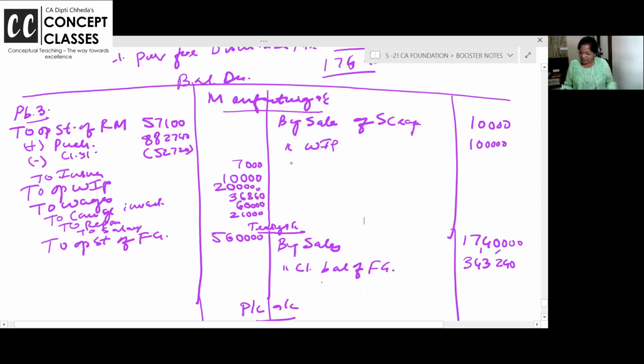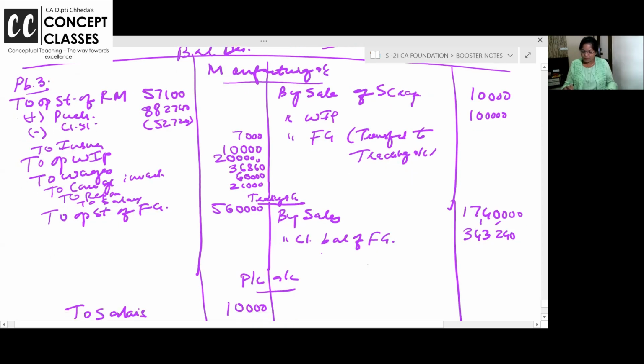Latest two of the manufacturing account. What we get is by finished goods, bracket में transfer to trading account. Trading account को transfer करो. 57,100 plus 88,2740 minus 52,720.